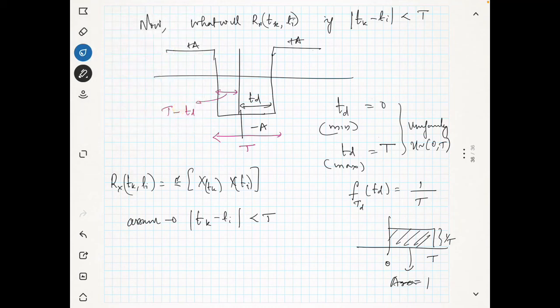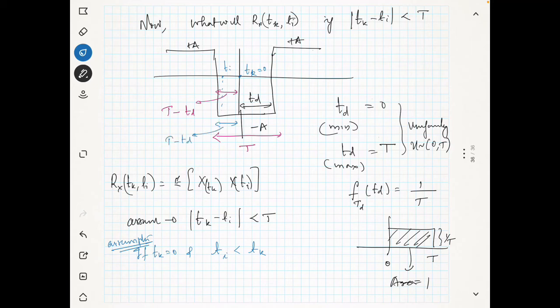I will consider the point Tk equal to 0, and this is just an assumption. If Tk equal to 0 and Ti is less than Tk, then you can consider Ti anywhere here, right? Ti can be anywhere here, and you know that this duration we have already calculated, T minus Td.